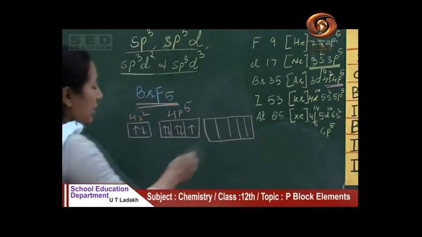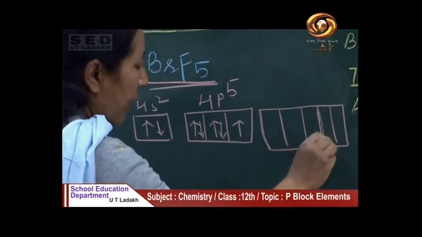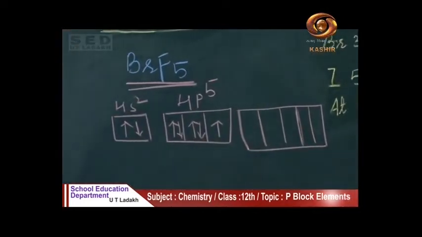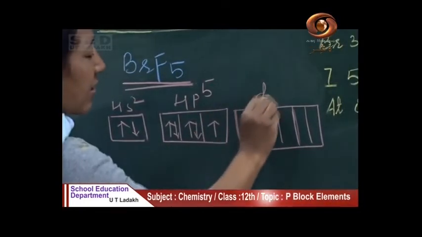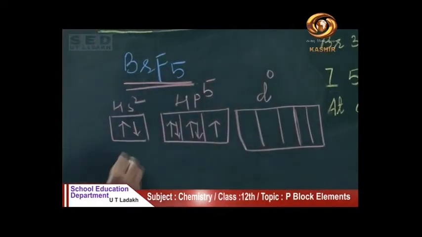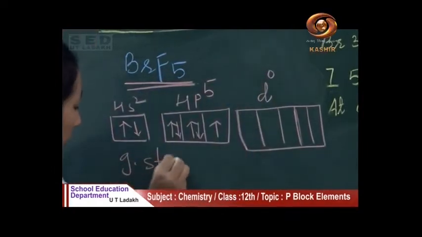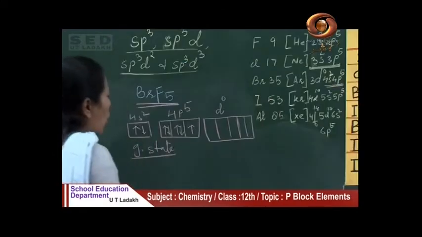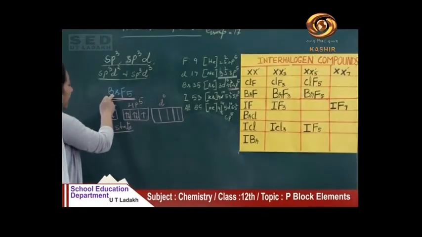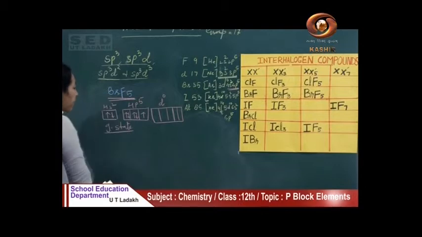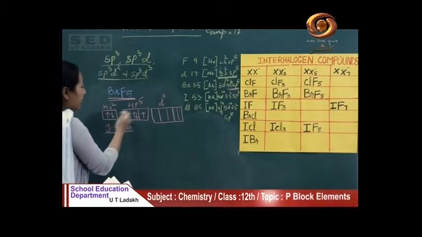The d orbital in the ground state is empty. The d orbital is 0 in the ground state. So we have to take 5 d. Now we have to rearrange the electrons.